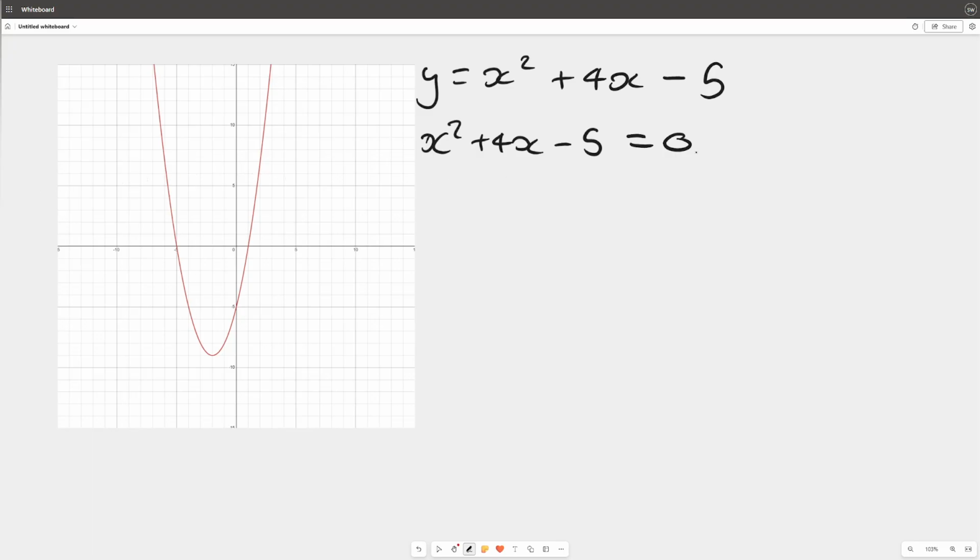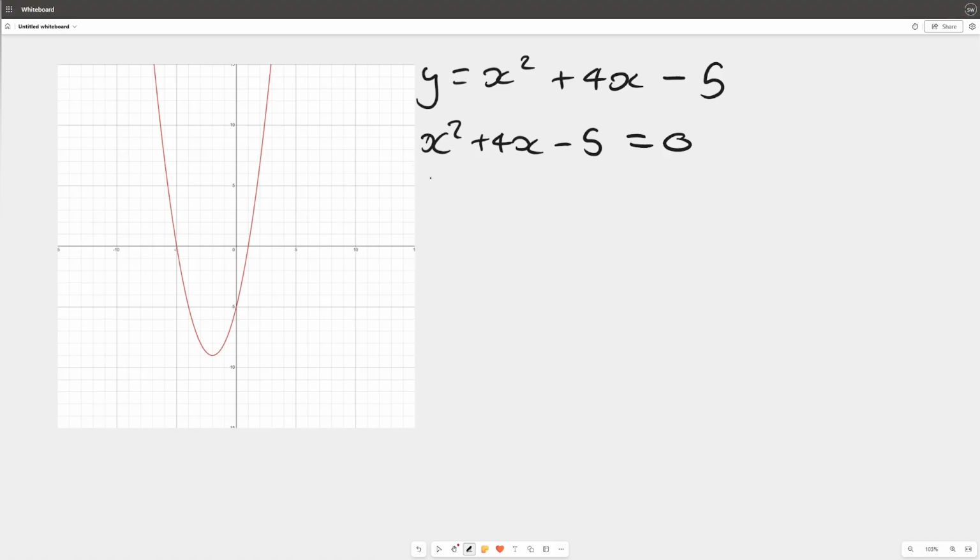Although in that case, we would probably want to move the 5 over to the other side and make it equal to 0. So now that we know that, we are looking for where this equation, or at least the graph, in this case the red line, for this equation crosses the x-axis. And that's what's known as the roots of an equation.